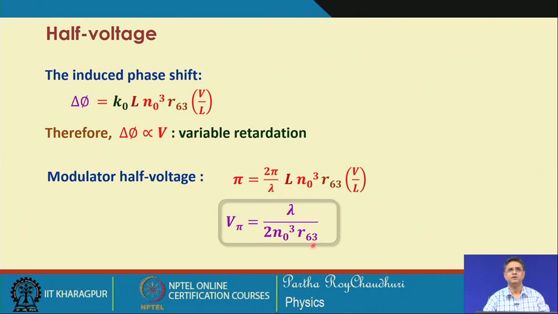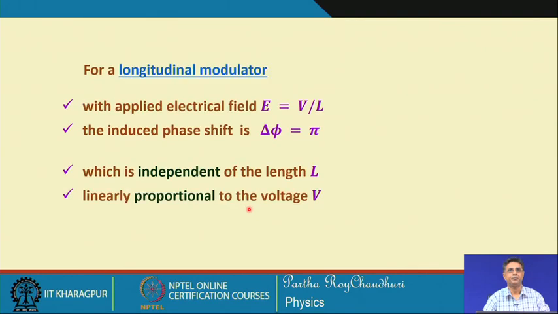These are all very similar to the ones which we have discussed in the case of gallium arsenide isotropic material, but the difference is that the coefficient r 63 is very high, and additionally there are other configurations which will be even more advantageous for this KDP application.